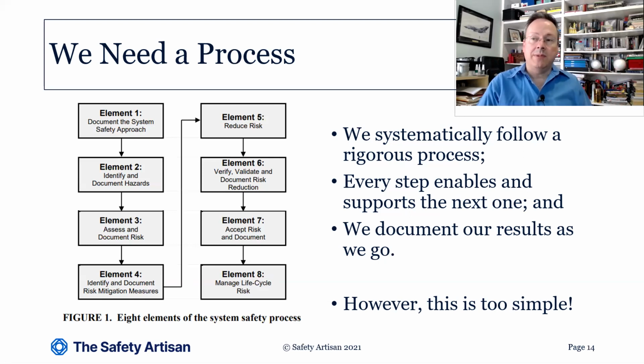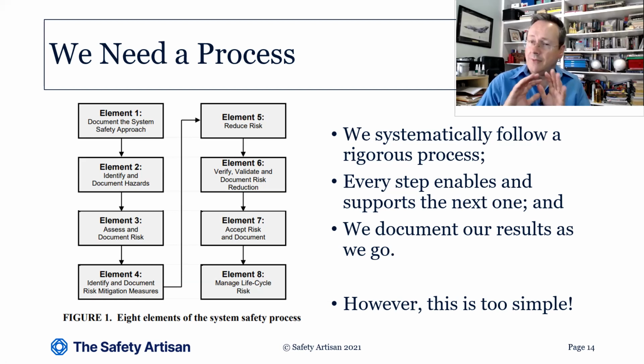Okay, so key points about this: whatever process we're going to follow, we need to follow a rigorous process systematically. So we're taking a structured and rigorous approach to looking at our system. And as you can see from the arrows, every step in the 8-element sequence supports and enables the following steps. We document the results as we go.